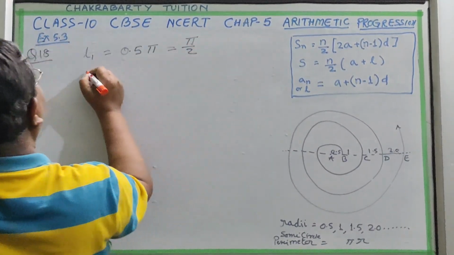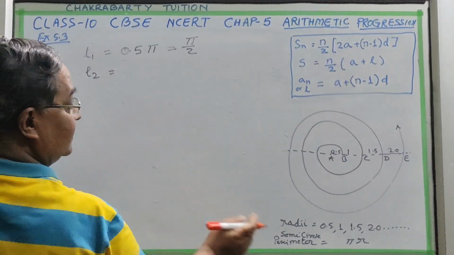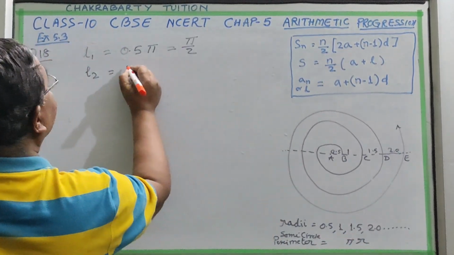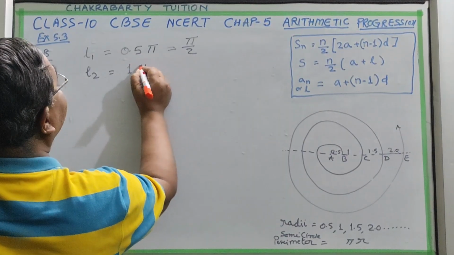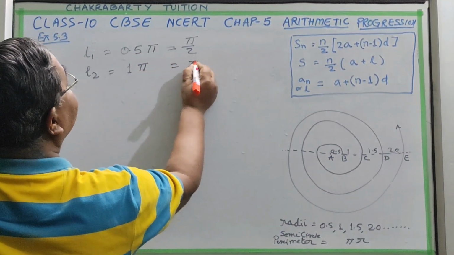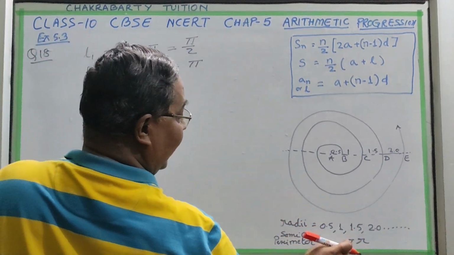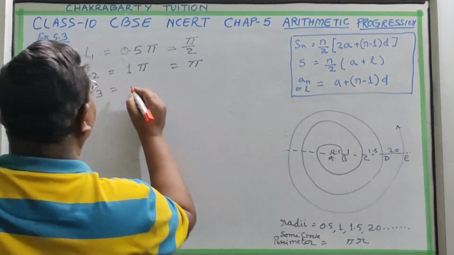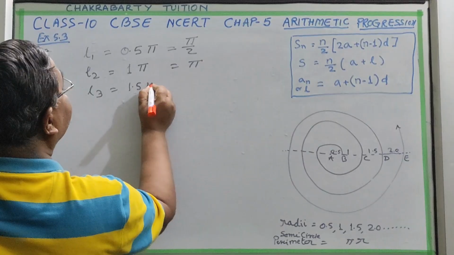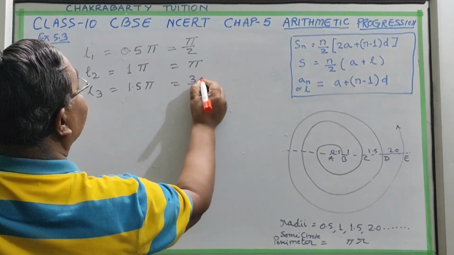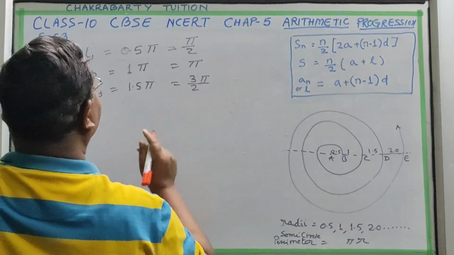Then L2 is pi into r, now r will become 1, so you can write it as pi. Then L3 is pi r, with r as 1.5, so 1.5 pi, which means 3 by 2 pi.